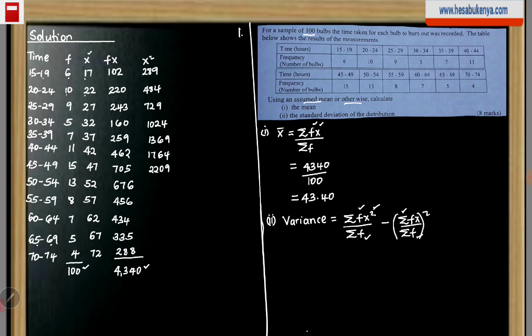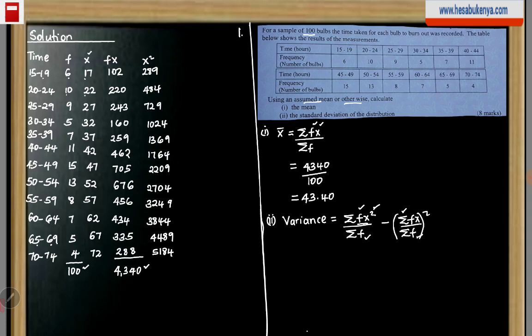Then 52 squared is 2704. Then 57 squared is 3249. Then 62 squared is 3844. 67 squared is 4489. And finally 72 squared is 5184.